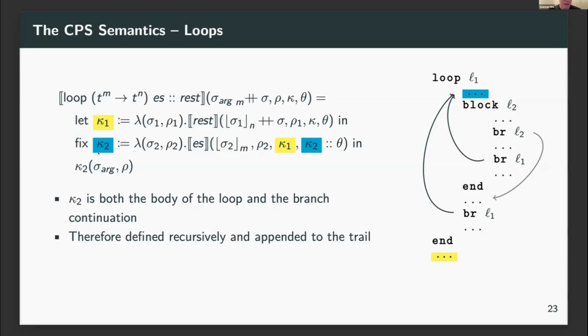And note that this kappa 2 continuation is defined as a recursive function. So when we are calling the semantic brackets on ES, the loop body, we're also pushing the continuation itself on top of the trail, okay? So that when we have the BR instruction within the loop, it will get access to this kappa 2 continuation, okay?